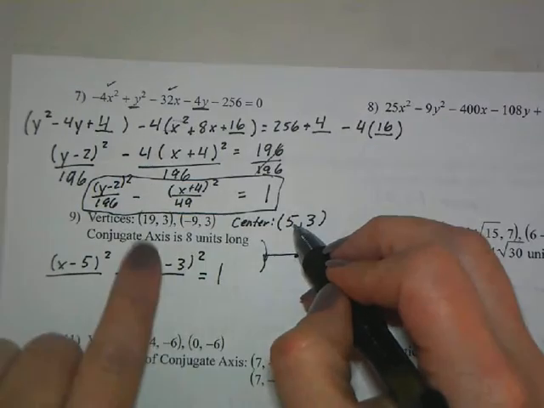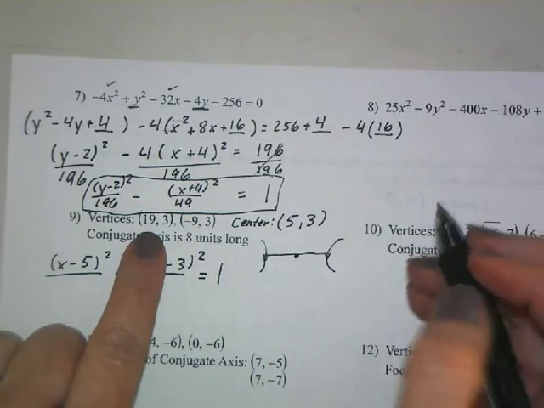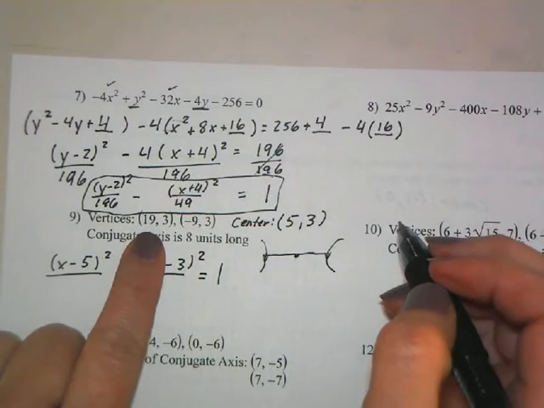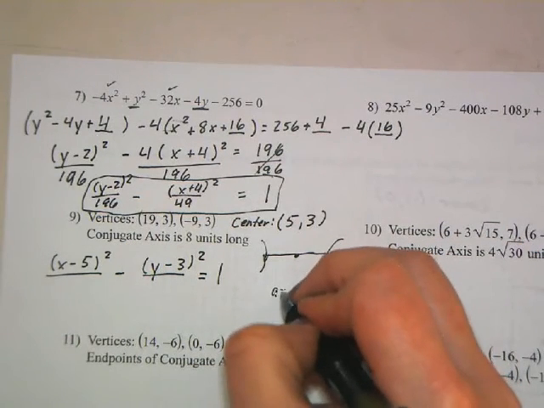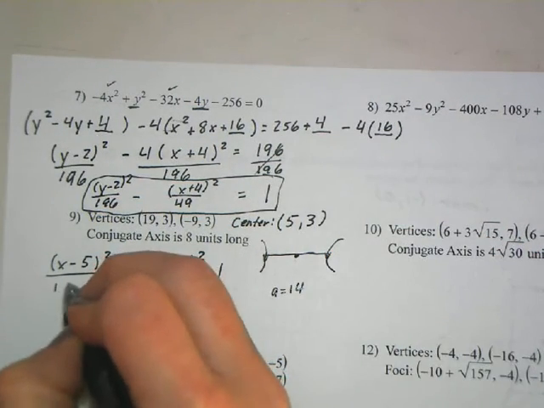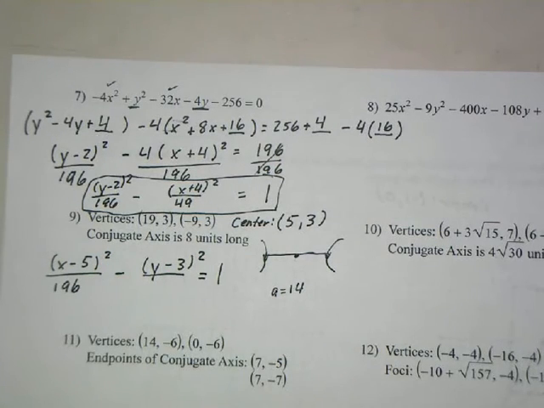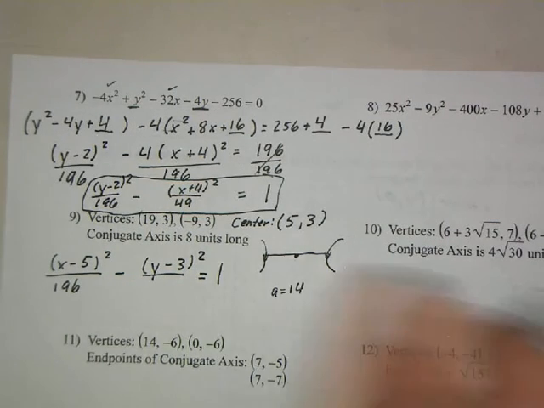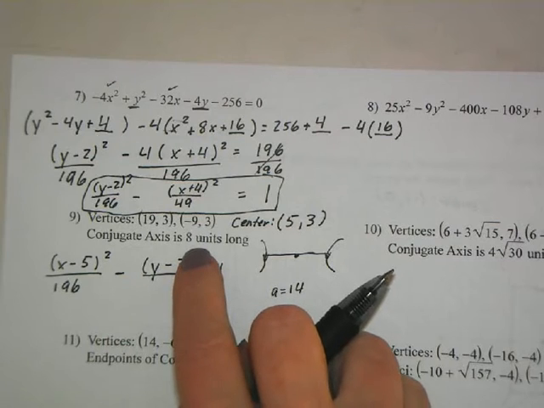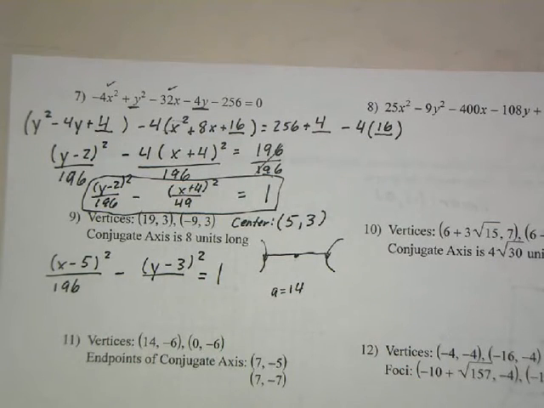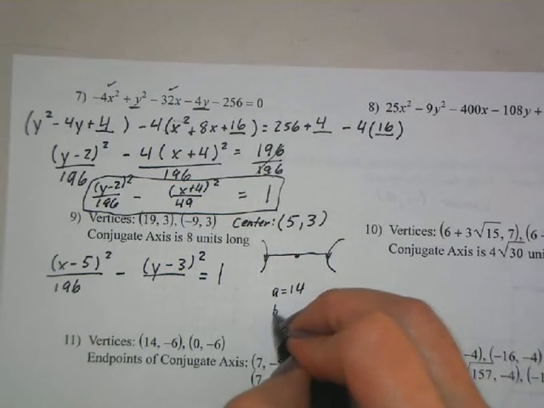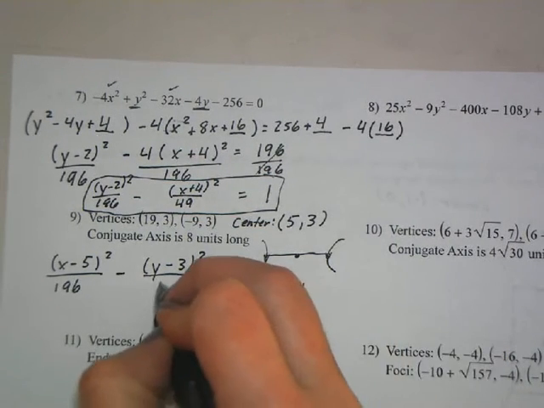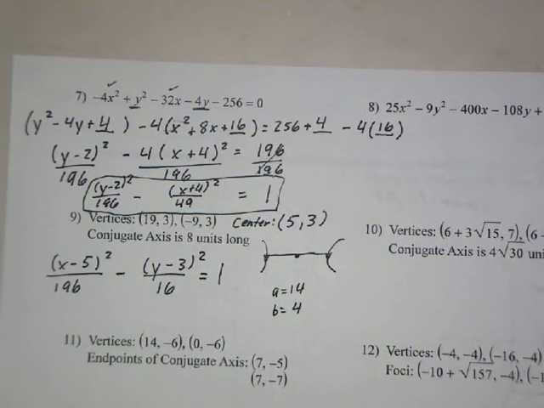So from 5 to 19, how far did I go? 14. 14 squared is 196, the number we had up there. It says the conjugate axis is 8 units long, so that's overall. Half of that would be 4, and squared is then 16.